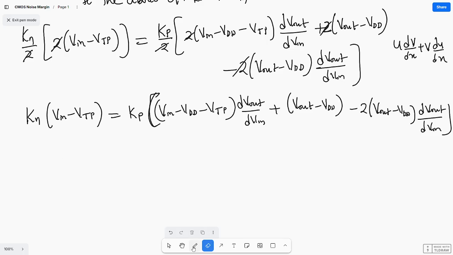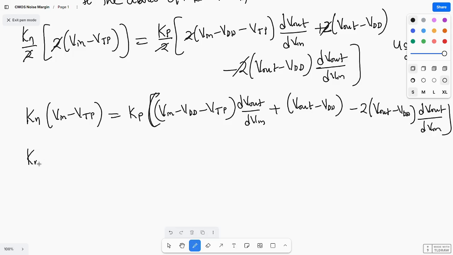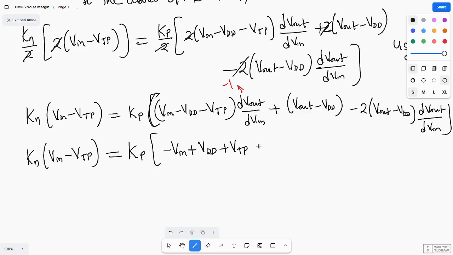So when I substitute, what I will get: kn into V in minus Vtp is equal to kp into, if I substitute and write, minus V in plus VDD. Okay, so this dV out by dV in I am substituting as minus 1. So when I substitute, what I am getting, plus Vtp, plus V out minus VDD.